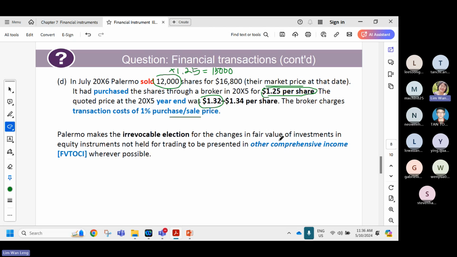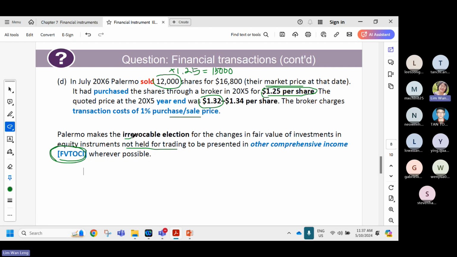For the changes in fair value of investments in equity instrument not held for trading to be presented in the OCI where possible. So that means even though the shares are actually traded, for this particular investment Palermo says, I'm going to make this election so that I measure them at fair value through the OCI.